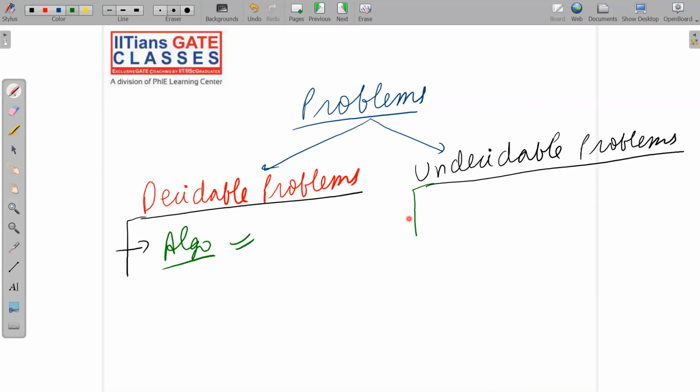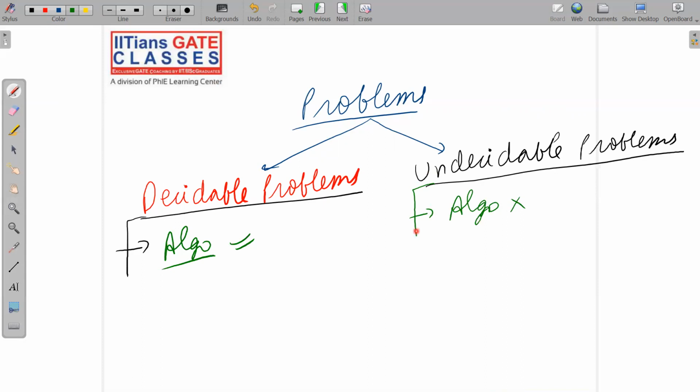Undecidable problem means what? Listen carefully. Roughly I can say that they do not have an algorithm.